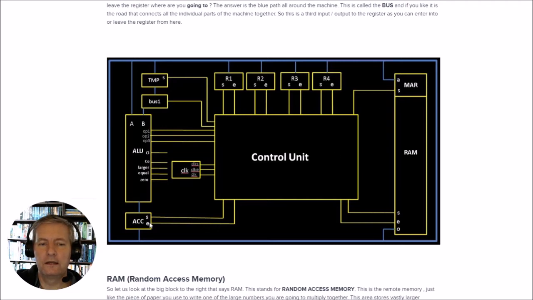We can then enable the accumulator, that is we'll allow the number 12 to come out of the accumulator onto the bus. And when we do that, we can then come down and pulse the set on the RAM, that is we can write the number 12 into the memory address pointed to by this memory address register.